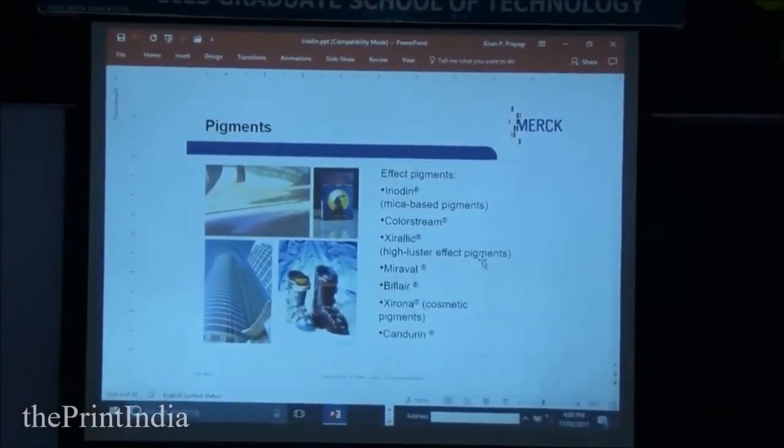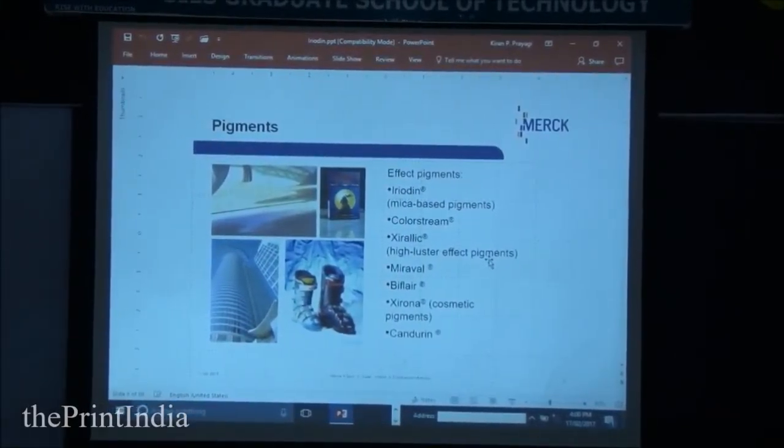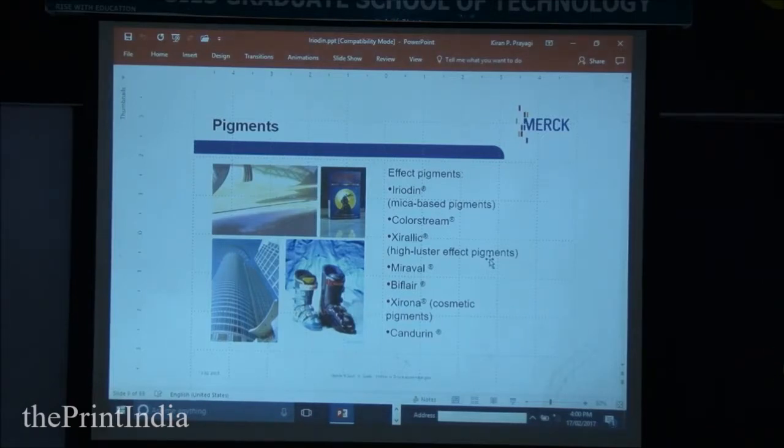I will give you more explanation on this. Color Stream, Xirallic, high luster effect pigments. If you see some special packages or special products, they use these pigments there. Miraval, Biflair, Ronastar, cosmetic pigments, are also used in cosmetics. When you see some lipsticks with a lustrous appearance, these pigments are used there.